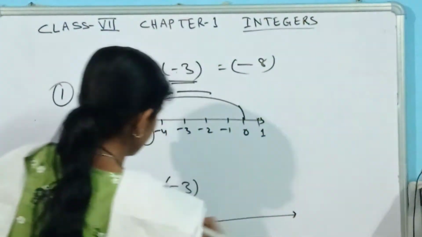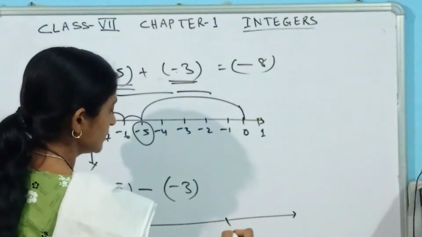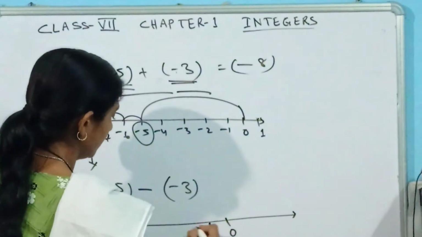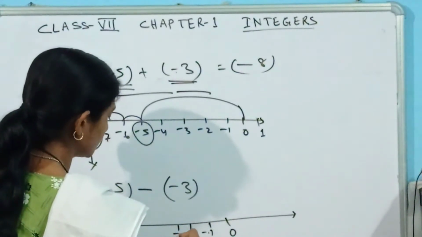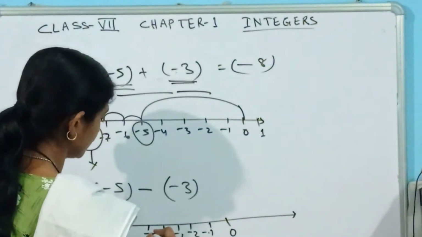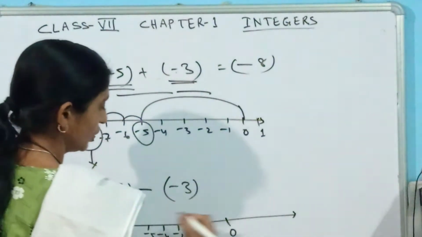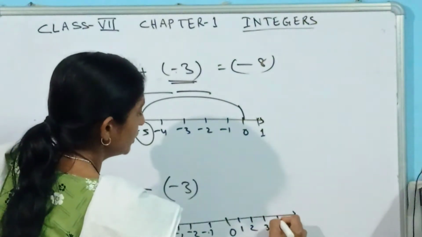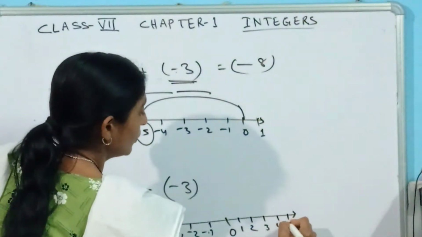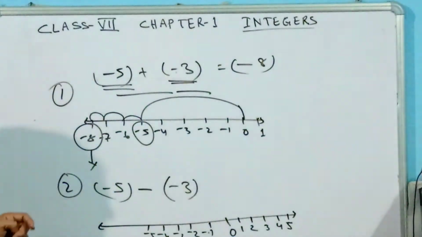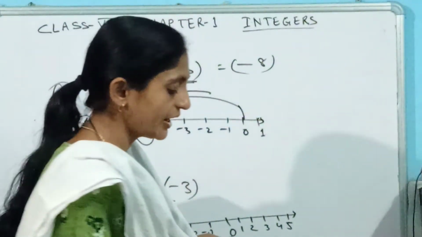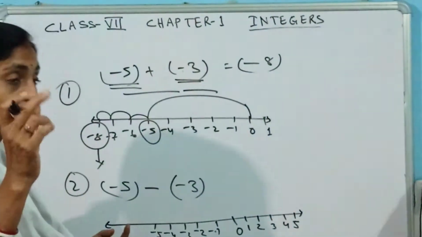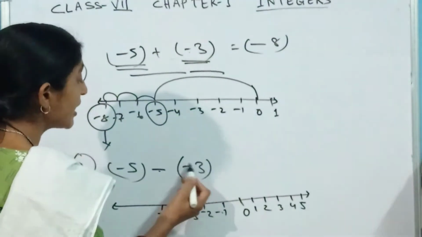If this is 0, then this side it is minus 1, minus 2, minus 3, minus 4, minus 5, and so on. This side it is 1, 2, 3, 4, 5, and so on. We can extend it in that order. But when we subtract these two negative integers, what will happen? That means we are subtracting minus 3.